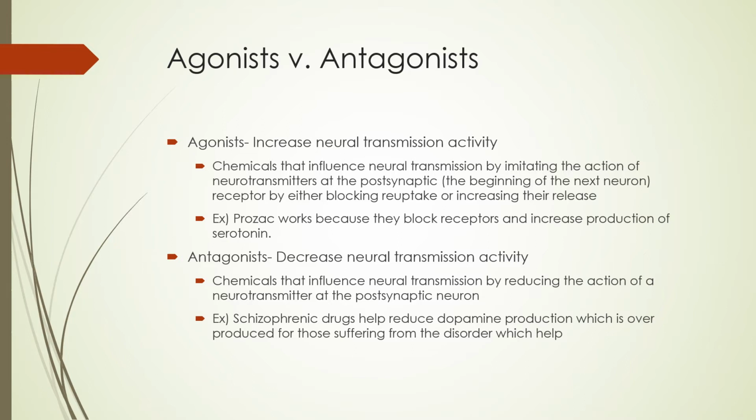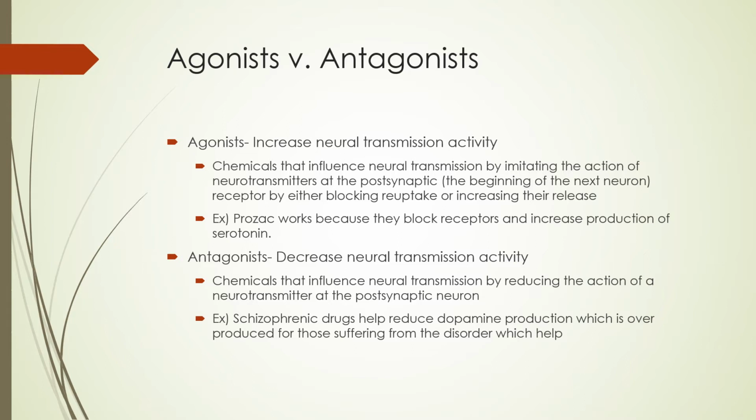And what this does for people taking Prozac, which is an antidepressant drug, so trying to stop depression from occurring, is that because serotonin sort of affects mood and low levels of serotonin have been connected to depression, the increased production of serotonin from the neurotransmitters being blocked and sort of flooding the system with more to get the message across allows the person to sort of be balanced out.